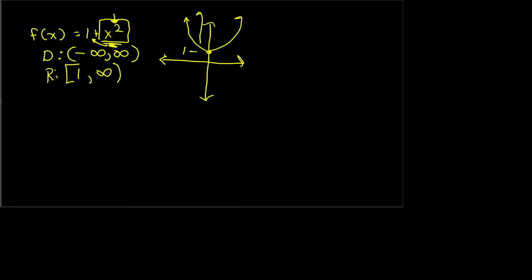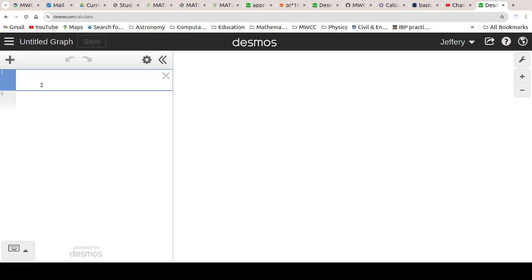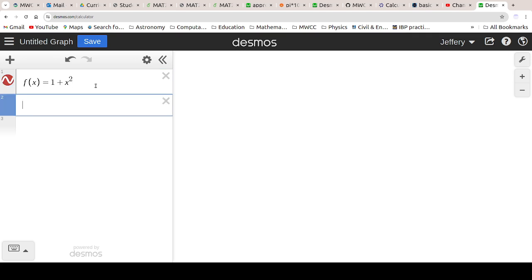Well, let's look at that in a graphing utility. I'll say that f of x is equal to 1 plus x squared. And why am I not getting a graph?